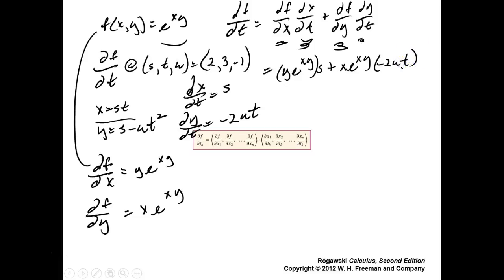But let's get everything into our independent variables because that's what we want to do. We evaluate it at those values. So your y is from here s minus ut squared.